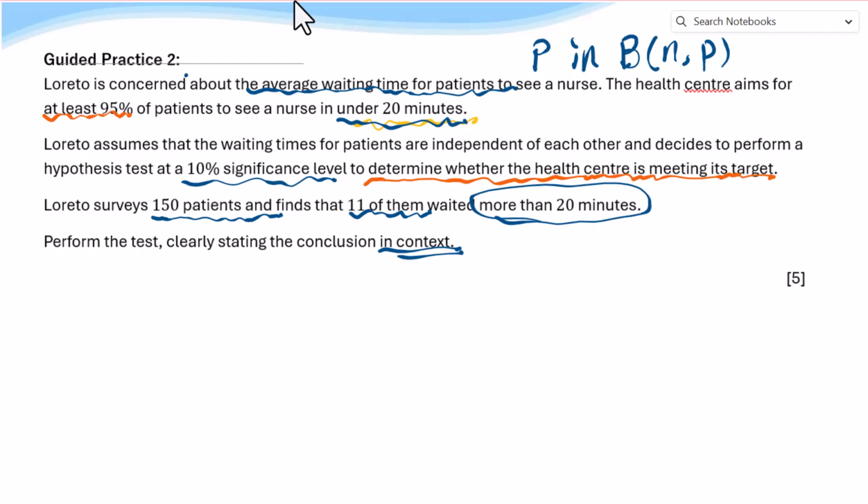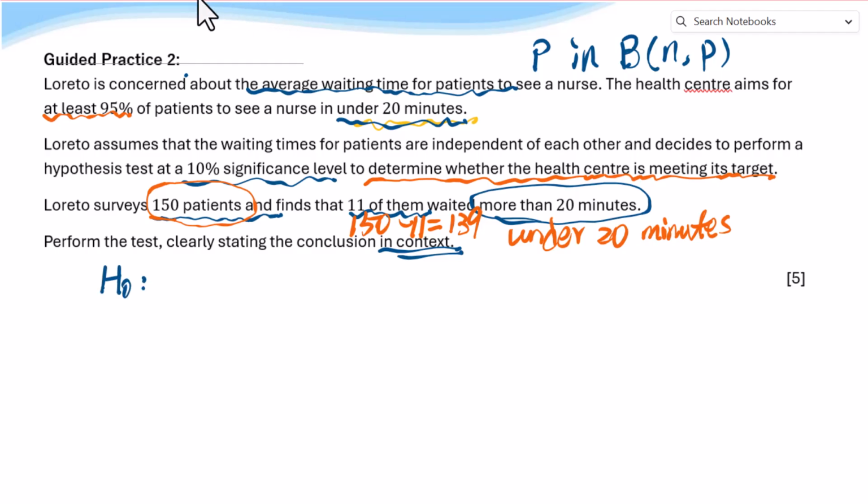The observed frequency is that among 150 patients, 11 of them waited more than 20 minutes. 150 minus 11 equals 139 patients waited under 20 minutes.